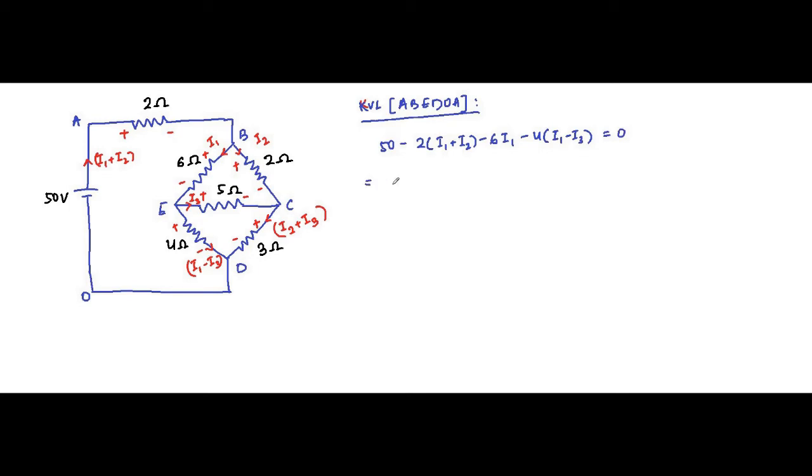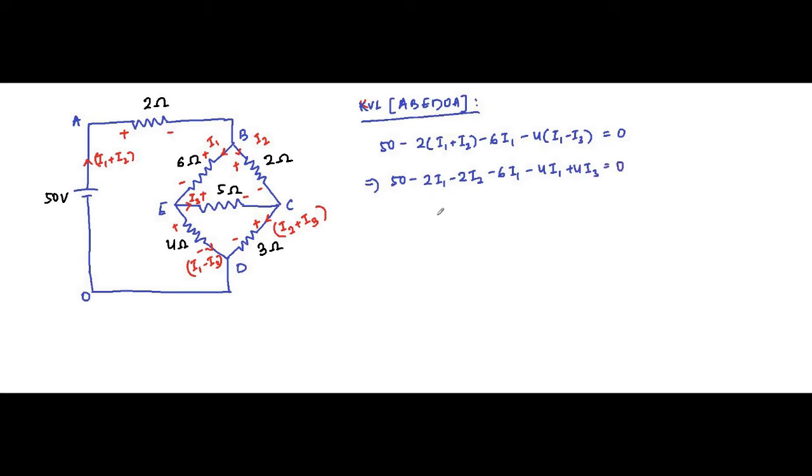If we simplify it, it becomes 50 minus 2I1 minus 2I2 minus 6I1 minus 4I1 plus 4I3 equals 0.